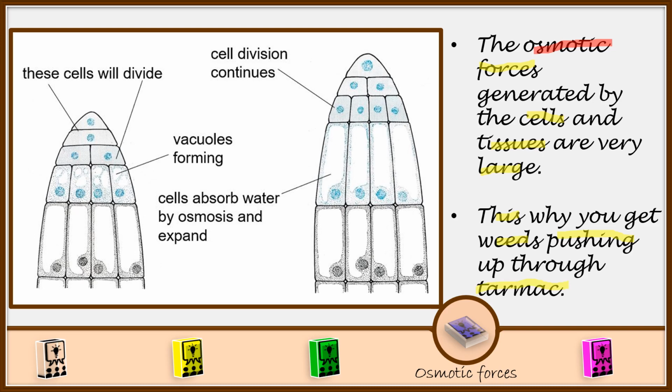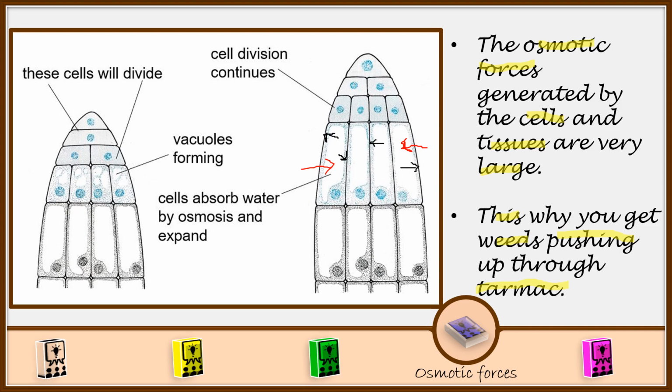So there is that osmotic pressure, that osmotic force, which pushes the water into the plant or into the vacuole, and then the vacuole will apply pressure on the cell wall, which will become turgid, and because of that turgidity, the plant becomes strong.